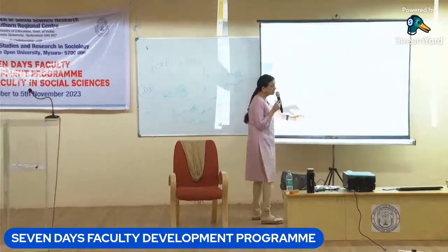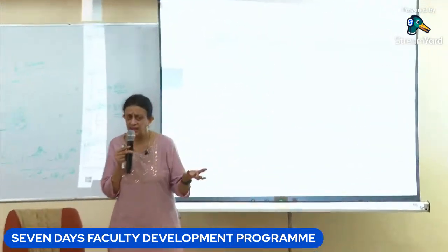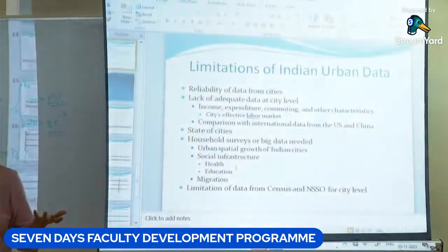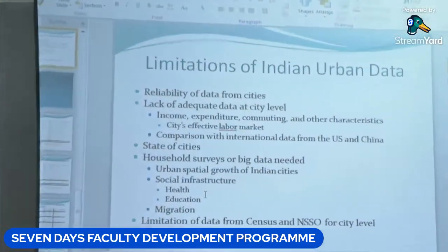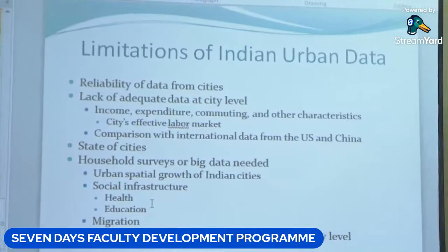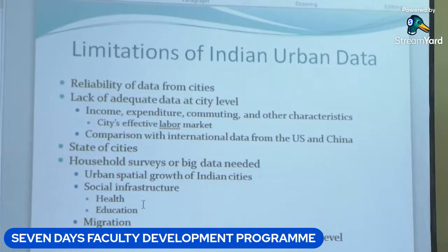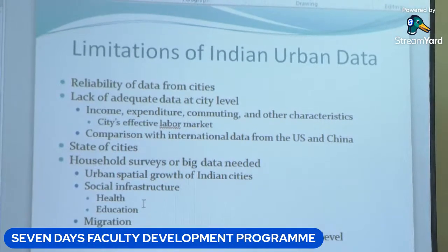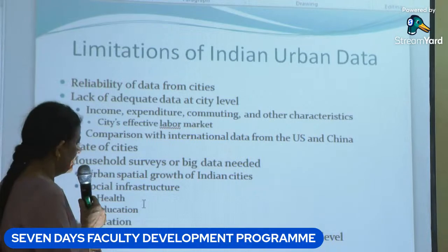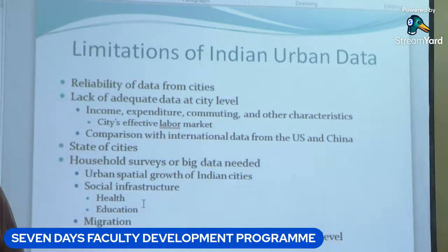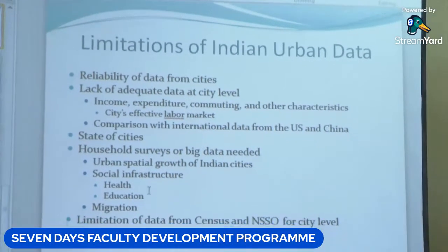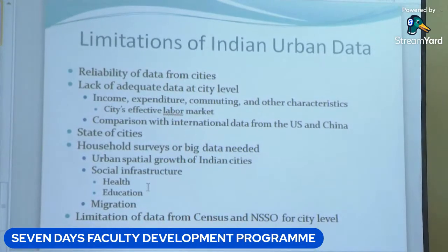And migrants contribute a lot. Again, COVID taught us how important migrants are and what happens when they go back. Very sad. Except for the D3 tables, which I talked to you about, there's no other data on migrants. And the NSSO, the National Sample Survey, has urban data, but it is not based on every city.